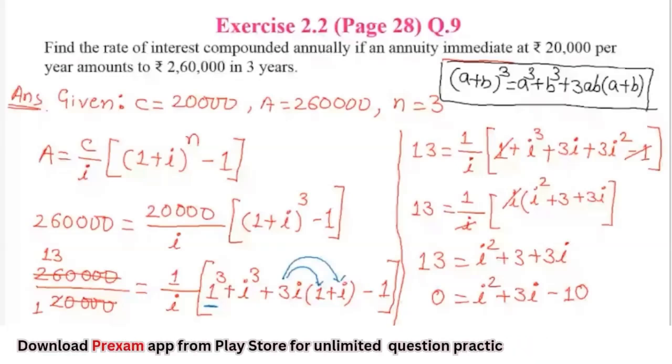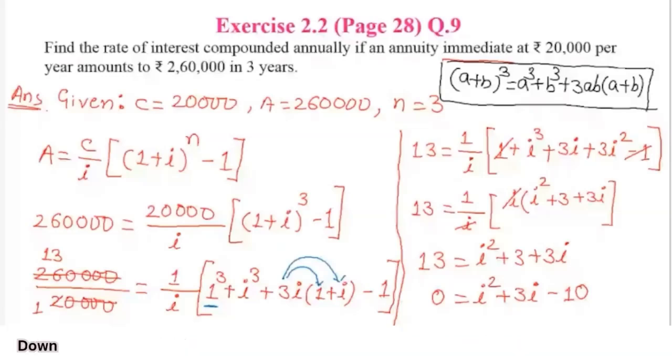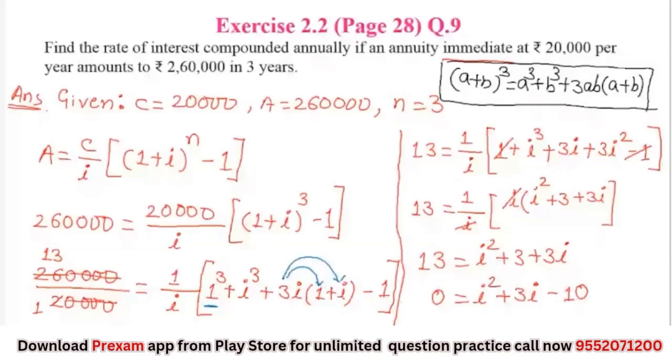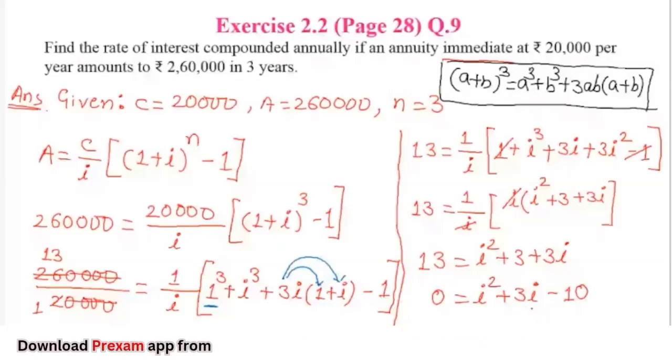Now this is a quadratic equation. Do you remember quadratic equation? Find factors such that the multiplication will be minus 10, and if you add them, that will come to 3.